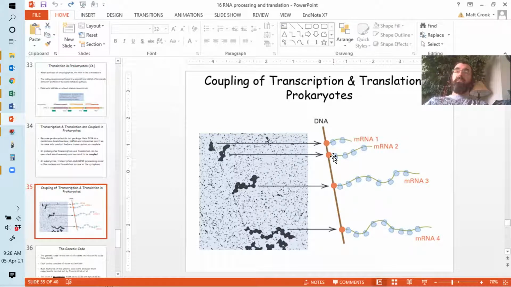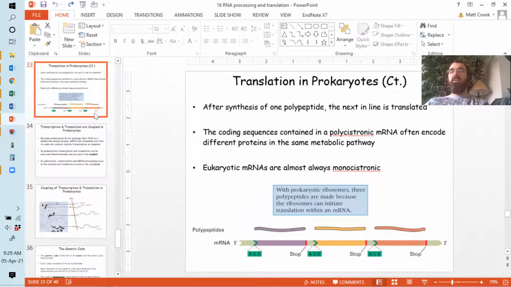And that allows prokaryotes to use features in the mRNA as a means to control translation. And we'll get to that. The poster child of that is tryptophan, control of the trp operon. Oh yeah, and probably the better term for this collection of genes is called an operon.